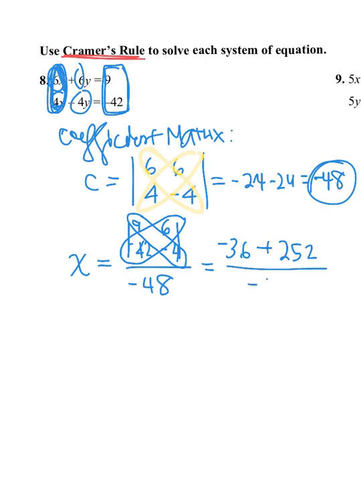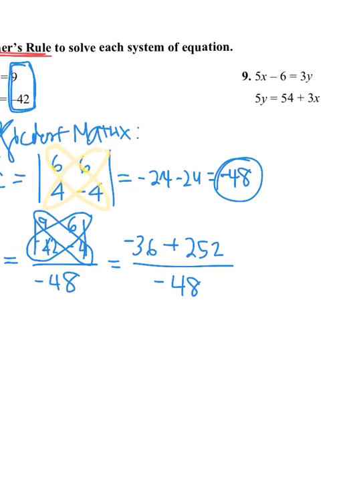And I'm going to divide that by the negative 48. All right, and so that simplifies down to 216 over negative 48, which gets me negative 9 over 2 for my x.